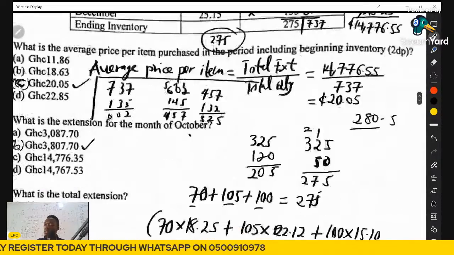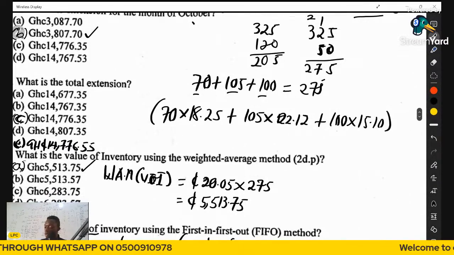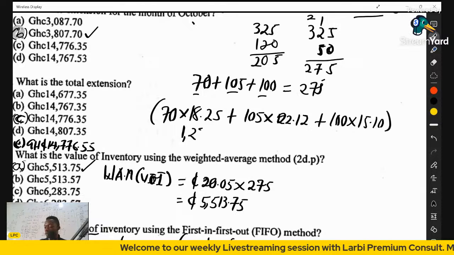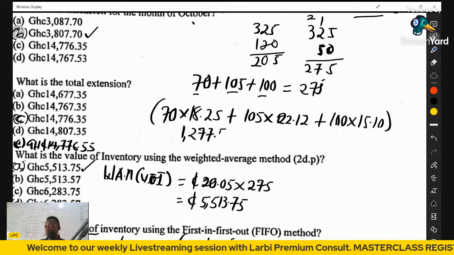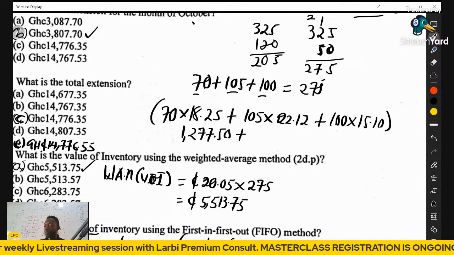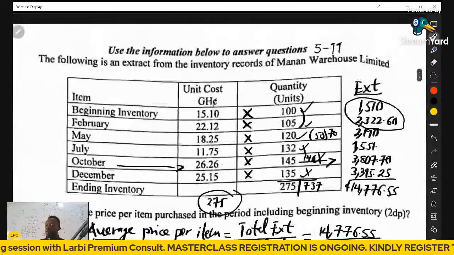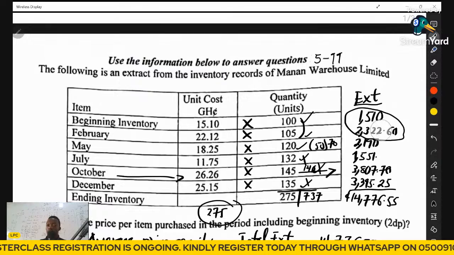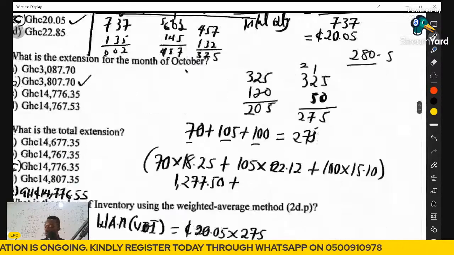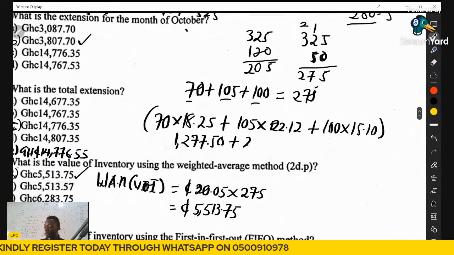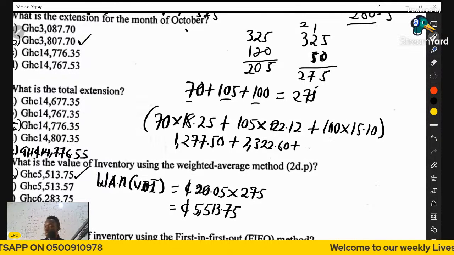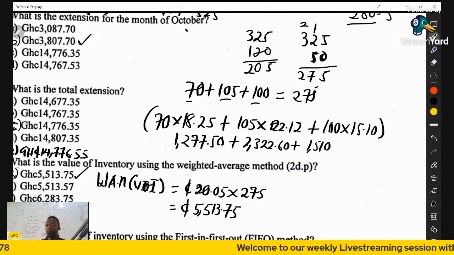So once we have that, at the end of the day, when you compute 70 multiplying 18.25, you should get 1,277.50, plus 105 multiplying 22.12, which gives 2,322.60. Then plus here too should be 1,510.